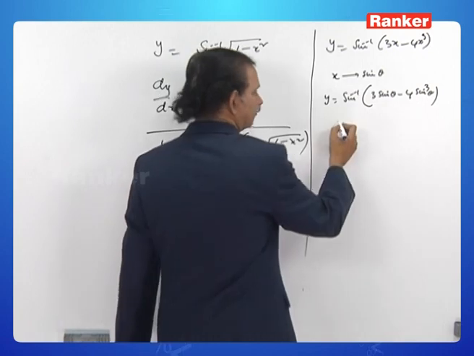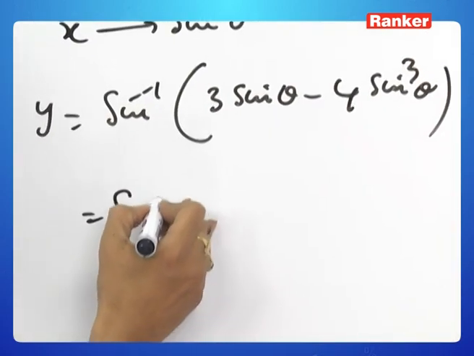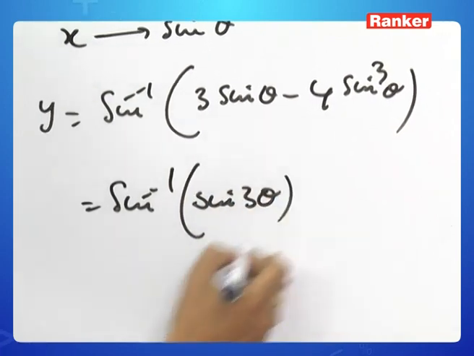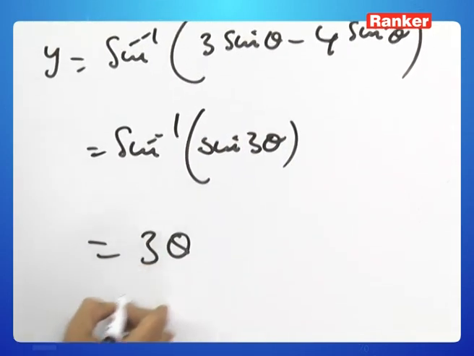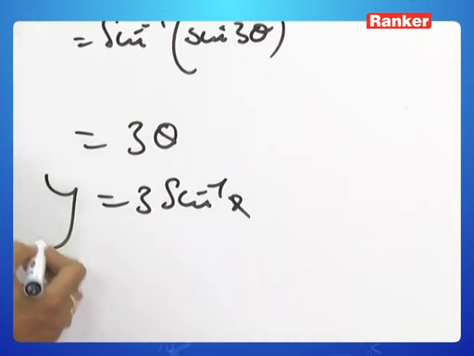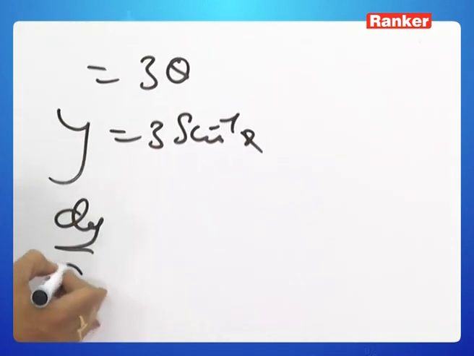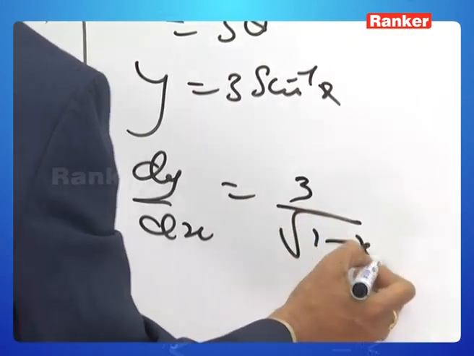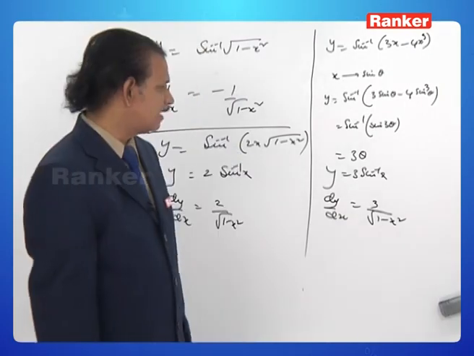What is that? Sine inverse of sine 3 theta. You can take it as 3 theta. But what is theta? Sine inverse x. Therefore, y is equal to 3 sine inverse x and dy by dx is therefore equal to 3 by root of 1 minus x square.